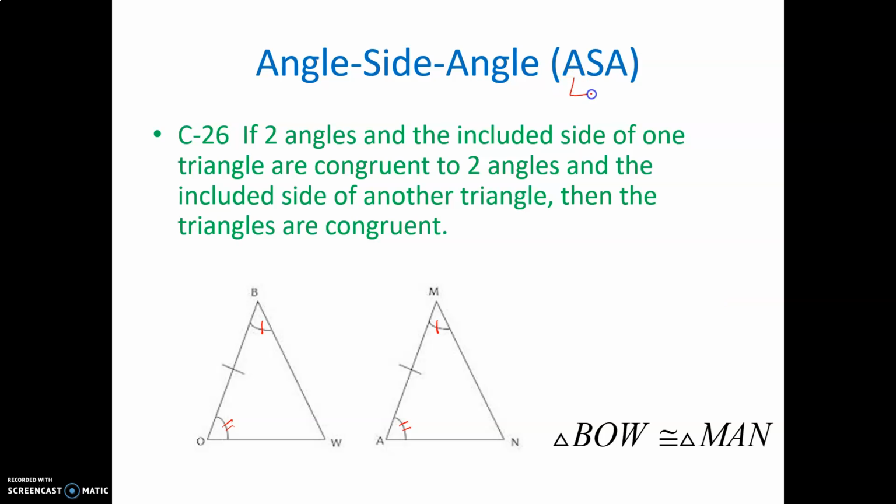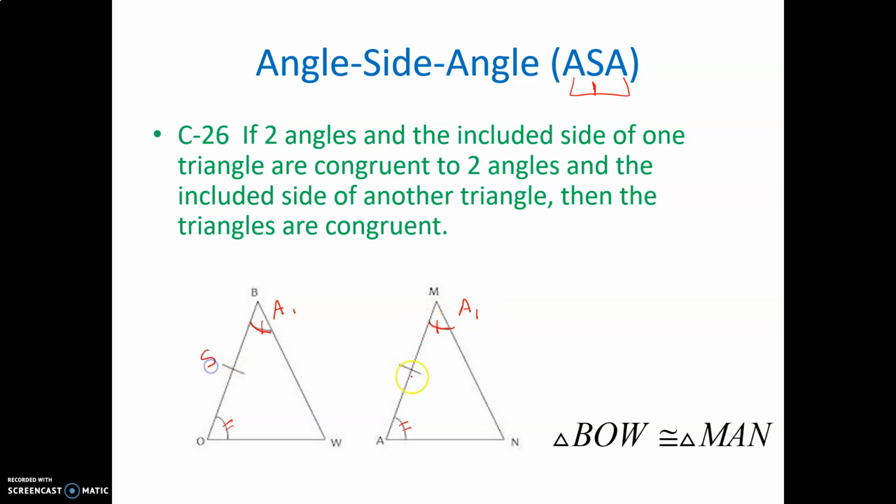This one says I have 2 angles and the side that is between them. So if 2 angles and the included side of one triangle are congruent to 2 angles and the included side of another triangle, then the triangles are congruent. So this is an angle 1 equal to this angle 1 over here.